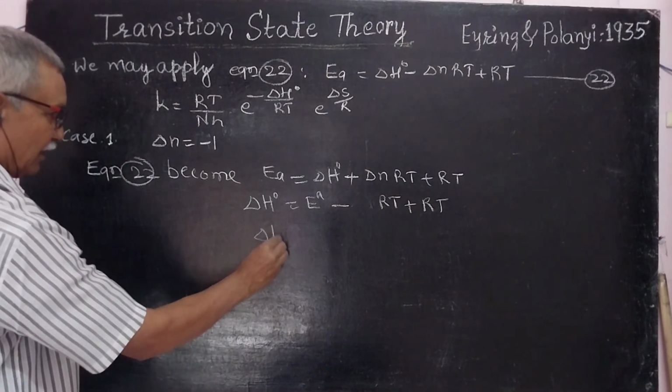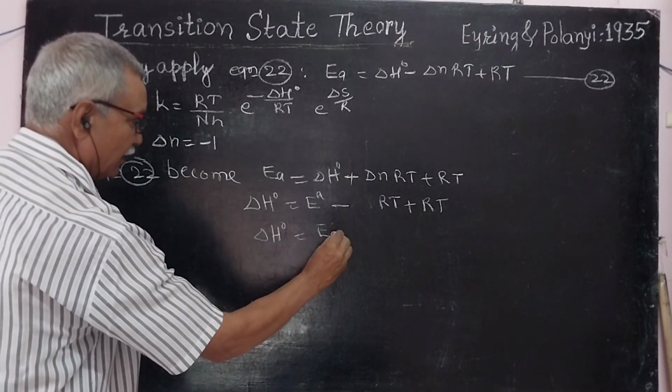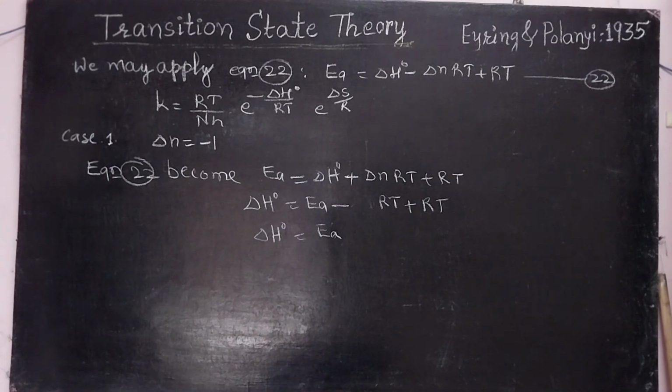That is, delta H star equal to EA only, because delta N is minus 1 and it gets cancelled.